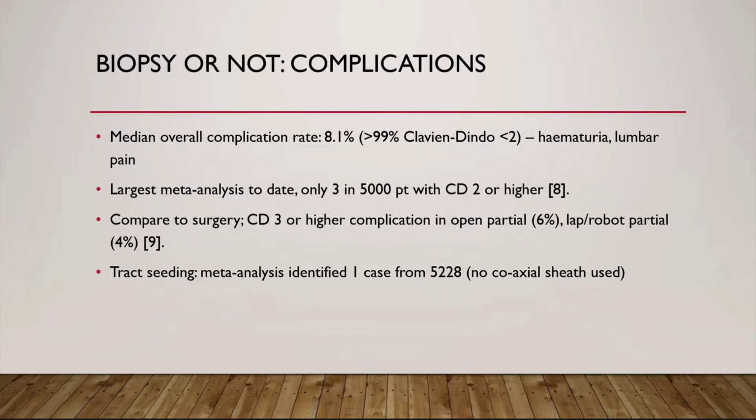And if we compare that to surgery, from a British national database of almost 6,500 patients, Clavien-Dindo 3 or higher complications in an open partial nephrectomy was 6%, and a lap or robot partial was 4%. And that's real world data. So that's sort of what we see in practice.